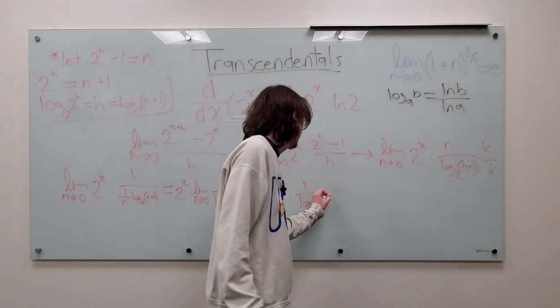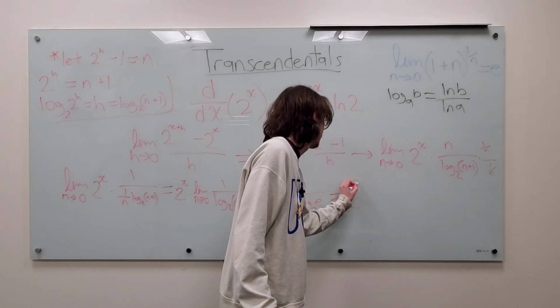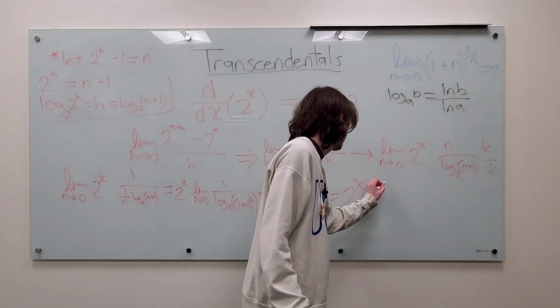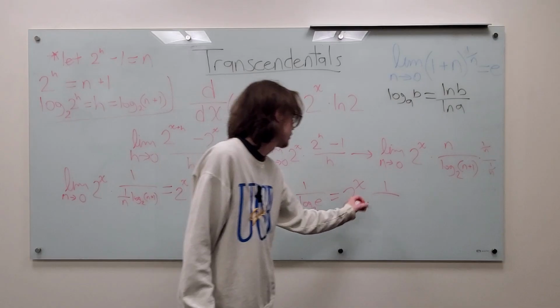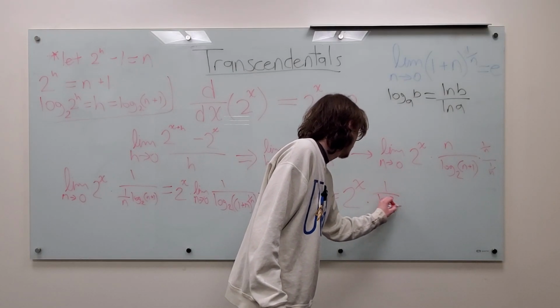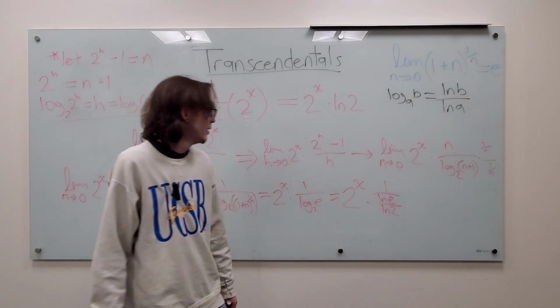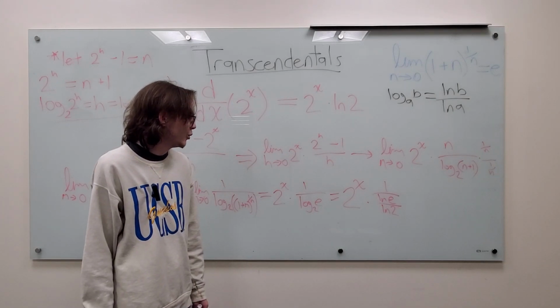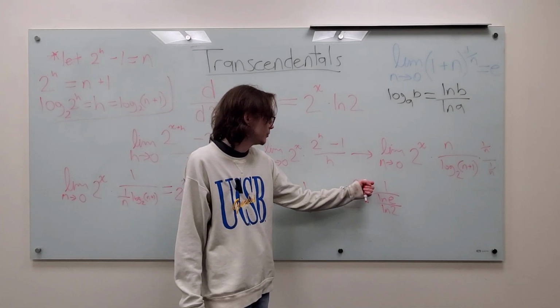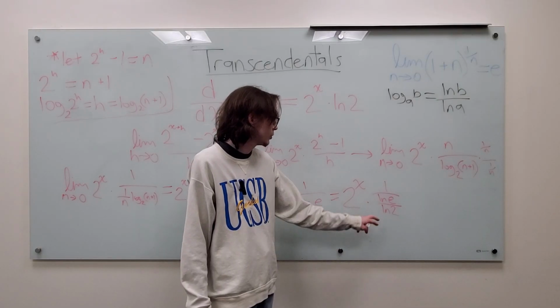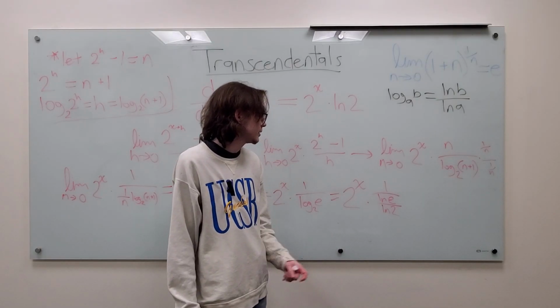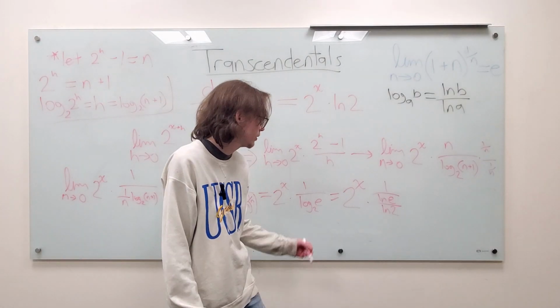So this is the same thing as 2 to the x times 1 over natural log of e over natural log of 2. All right, and now, because we've got 1 over another fraction, we're going to flip the natural log of 2 to be on top. Natural log of e is, of course, 1.